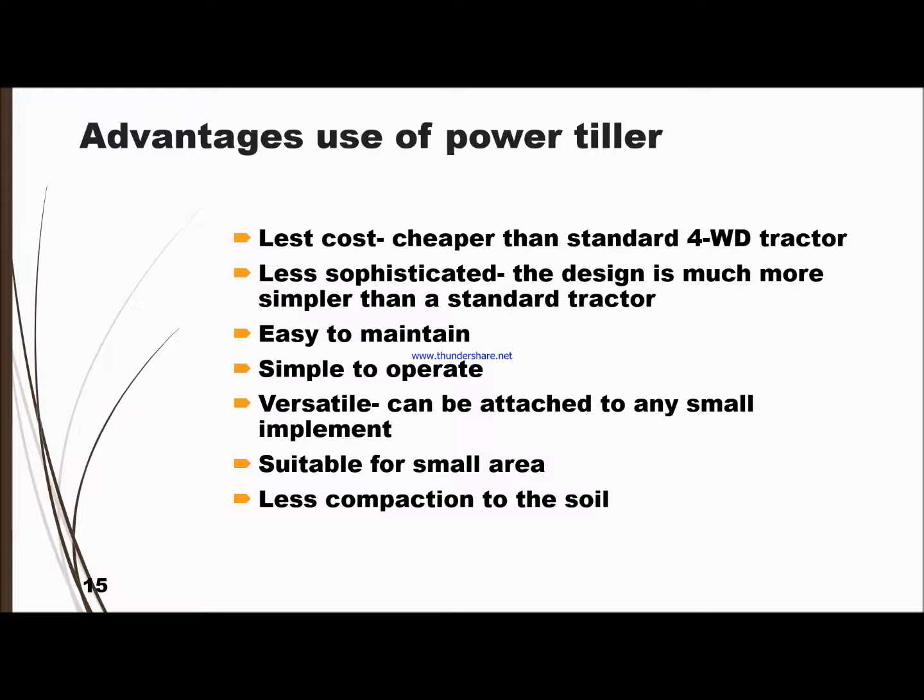And if you have a small area, the backyard, it is relatively easy to deploy, and in terms of environmental compaction, it will be less to the soils compared to the heavy machine, so it will be good for your crop.